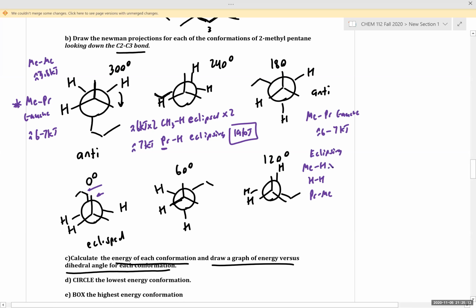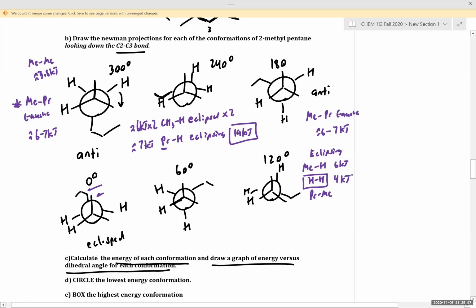What would we estimate a methyl hydrogen eclipsing interaction? We've already established that to be 6 kilojoules. What about a hydrogen-hydrogen eclipsing interaction? What's the tabulated value for a hydrogen-hydrogen eclipsing?